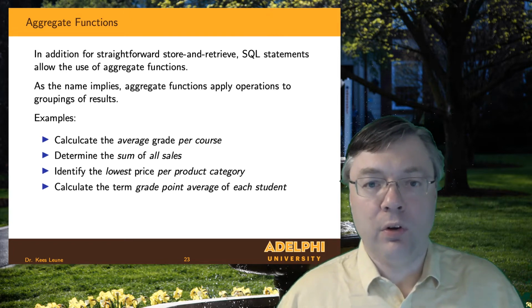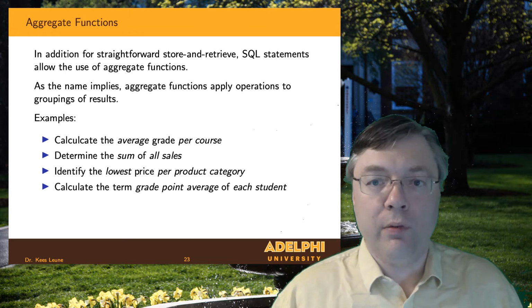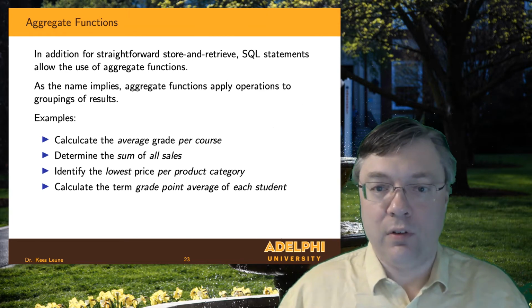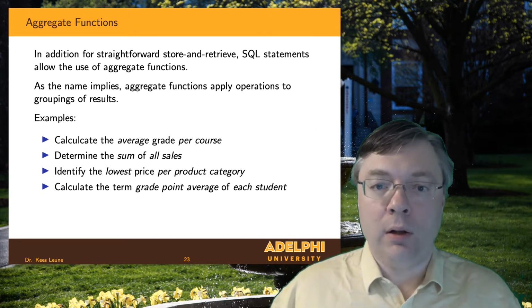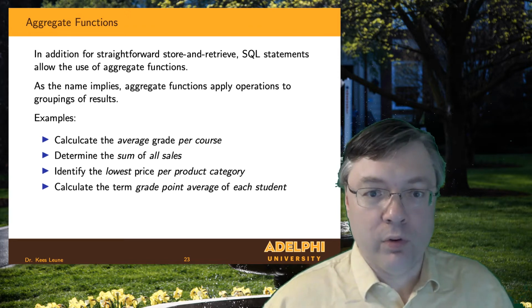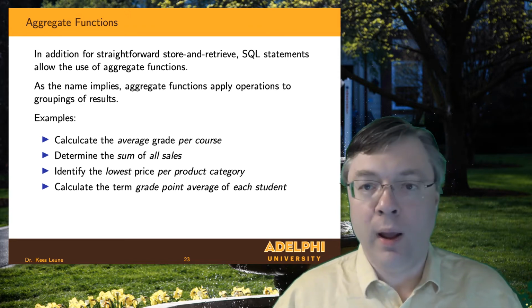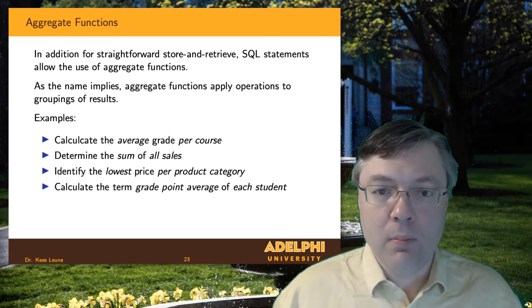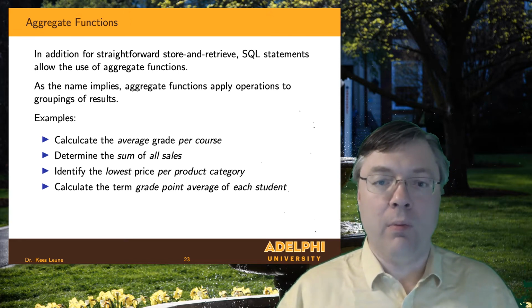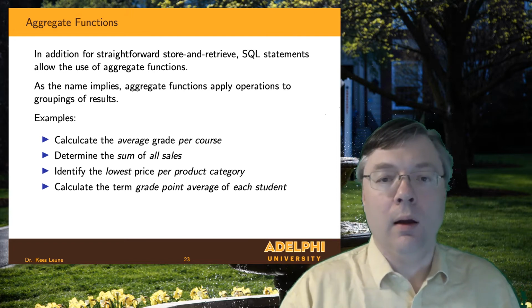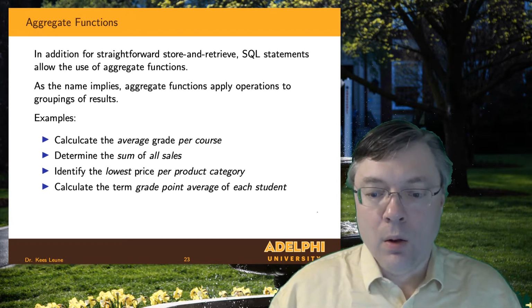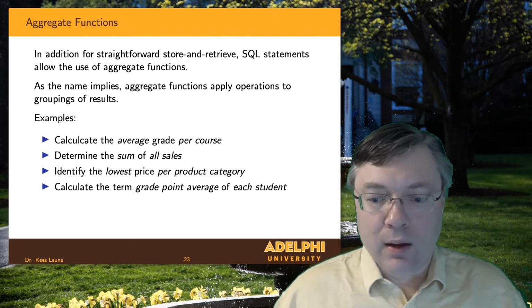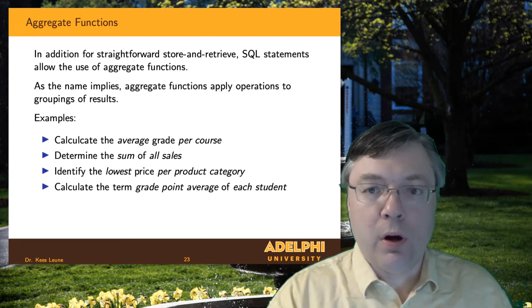And our final result would then be, the grouping for CSC 263, on average, people got an A-. For CSC 280, people also got an A-. For 381, maybe it was a B+. So now we have per grouping a result. Other examples could be the lowest price per product category.